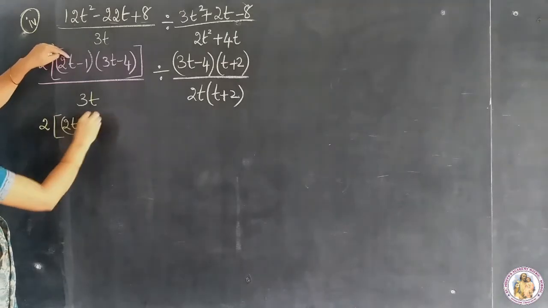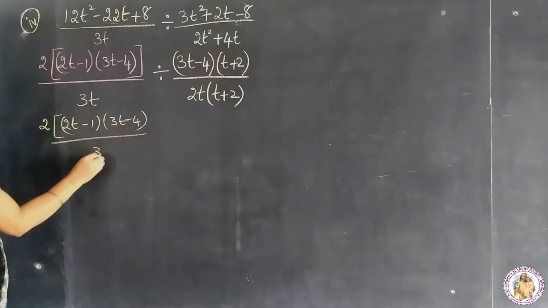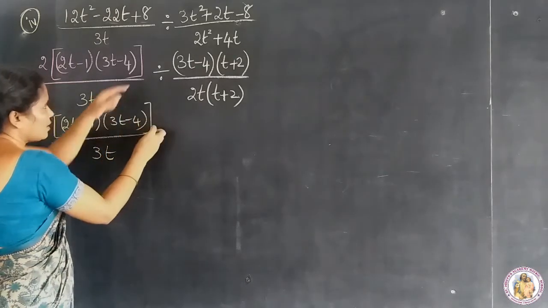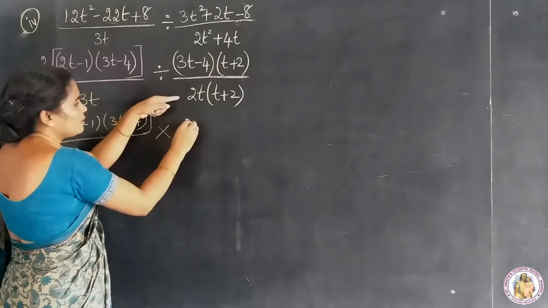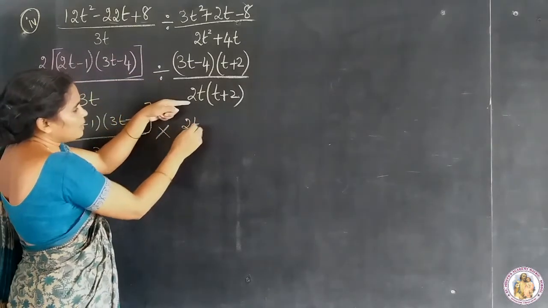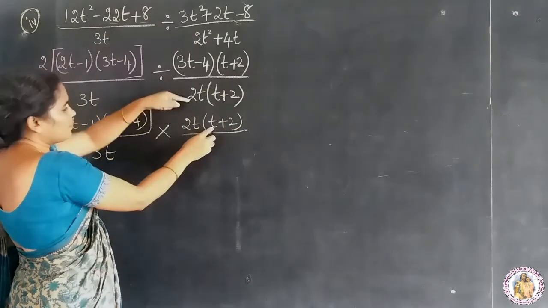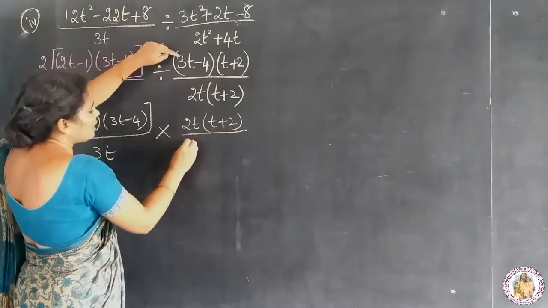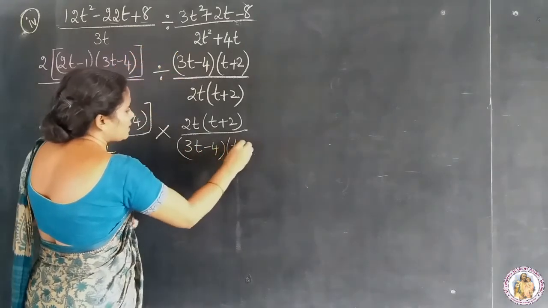2t minus 1, 3t minus 4 divided by 3t. In the place of division, give multiplication, reciprocal. Write numerator to the denominator and denominator to the numerator. So 2t within bracket t plus 2 and write 3t minus 4 and t plus 2.